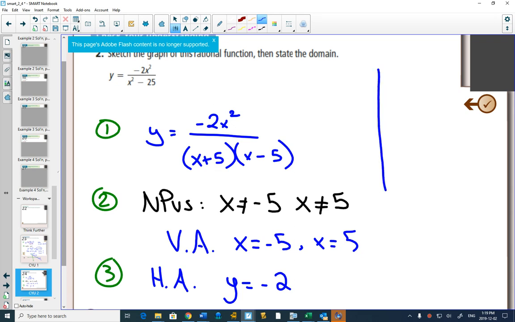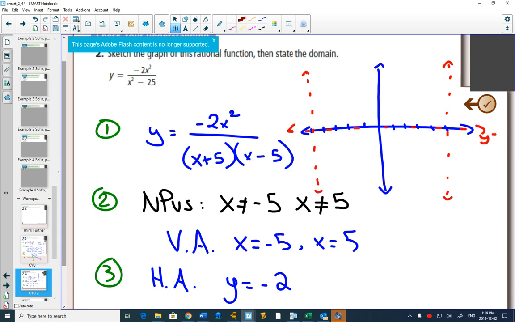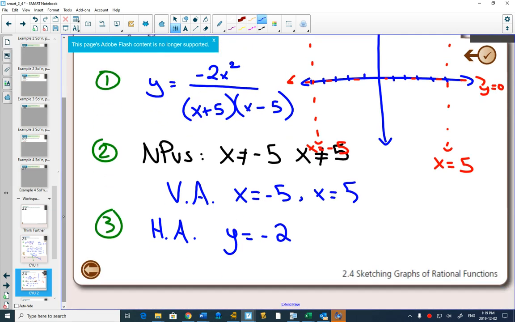So now we can start graphing. Put on all of our asymptotes and label them. And step 4 was doing our nice points.